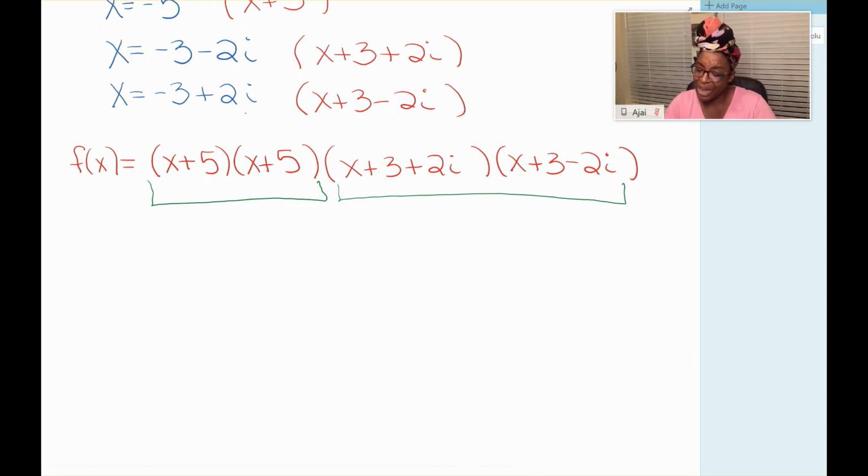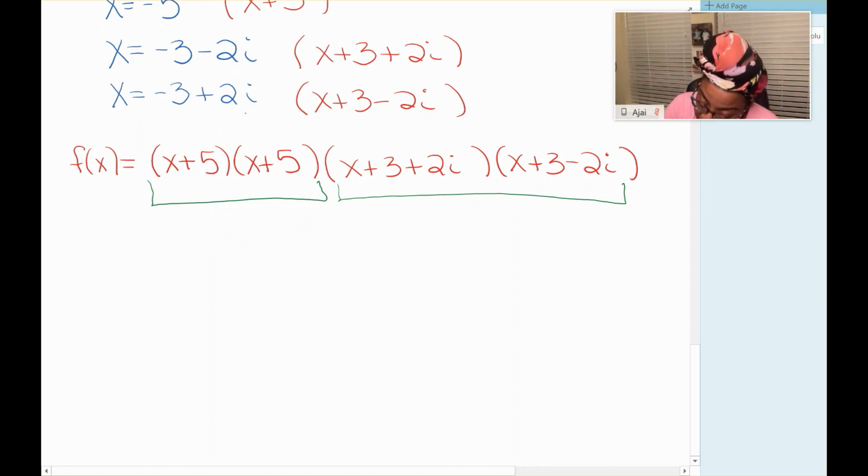And you're not always going to have two. I want to point this out also. Like the way I have two right here that I can multiply together, sometimes you just have one. Sometimes you just have x plus 5 and you don't have anything to multiply in the beginning. So don't be thrown off if you don't see two sets of parentheses that you can multiply together that don't have an i. That's not always going to happen.